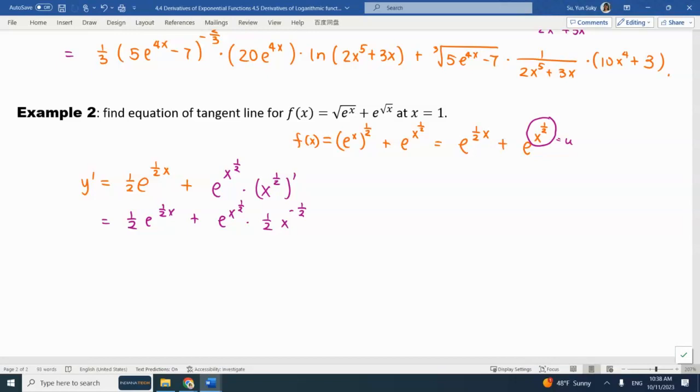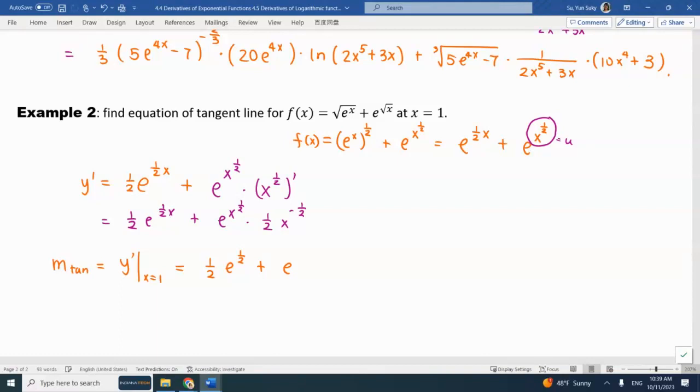Power rule. Okay, so this is the derivative. We want to find the tangent line slope. Well, that's the derivative. We plug in x is 1. See, everybody? We plug in x is 1. So we get 1/2 e to the 1/2 times 1 is 1/2. Right? Everybody?